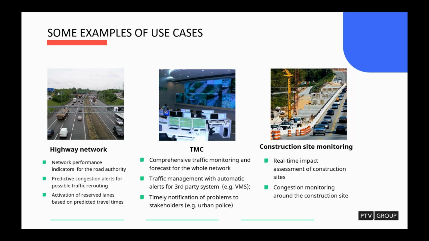For construction site monitoring, it's actually a really good use case with PTV Flows. So we can select the key links around a construction site and monitor the expected travel times and the congestion rates along, before, and after that point in the network where there is road work going on.